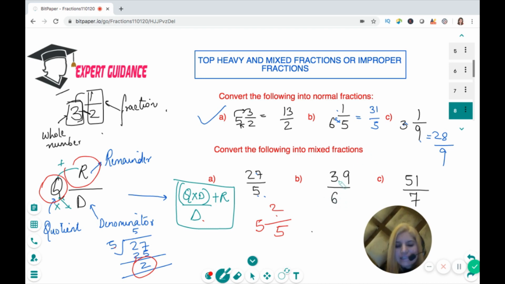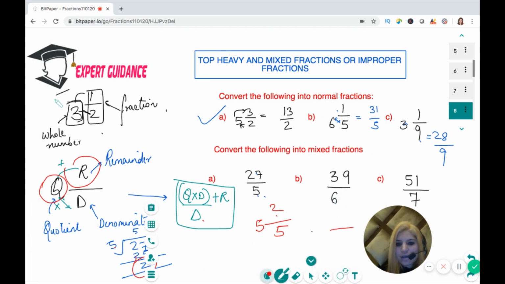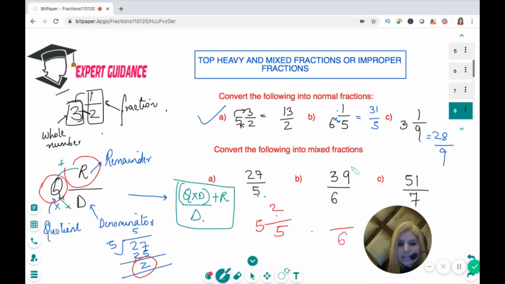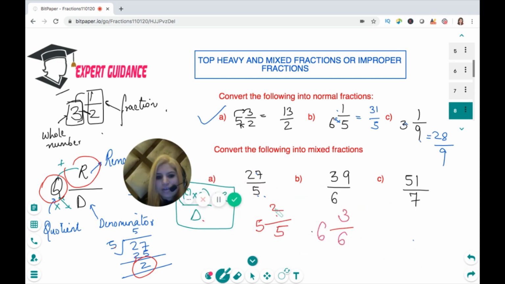Let's take another example, 39 over 6. So we'll put the denominator the same, which is 6. 39 divided by 6 gives 6 as a whole number and 3 as a remainder. So this becomes the mixed fraction. 51 over 7, 7 remains the denominator.